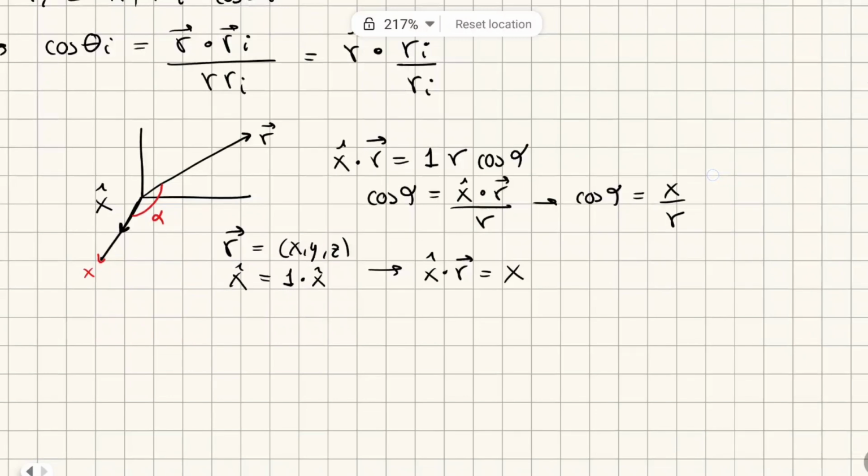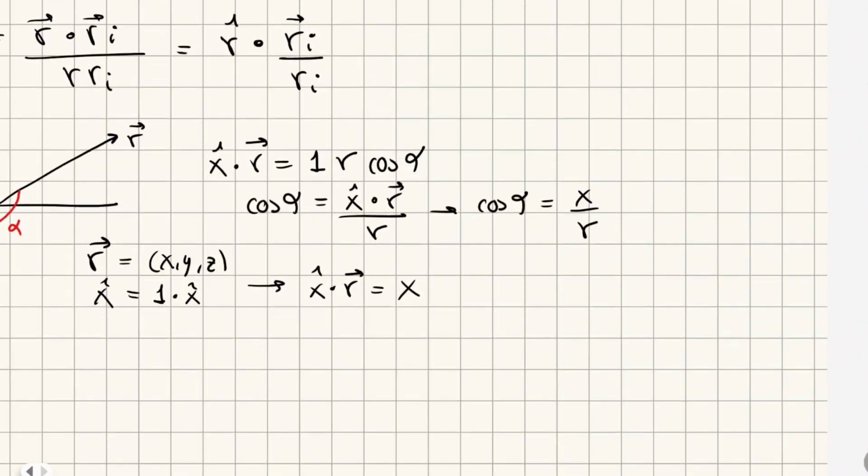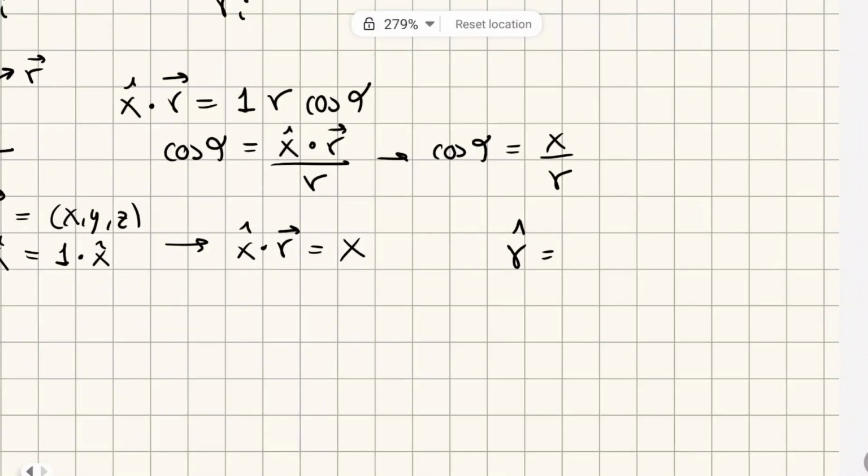Let me point out that it's easy to notice that the unit vector r is defined as x, y, z all over r. So it is a vector divided by its magnitude. The x component is actually x over r, and that is what we found here.